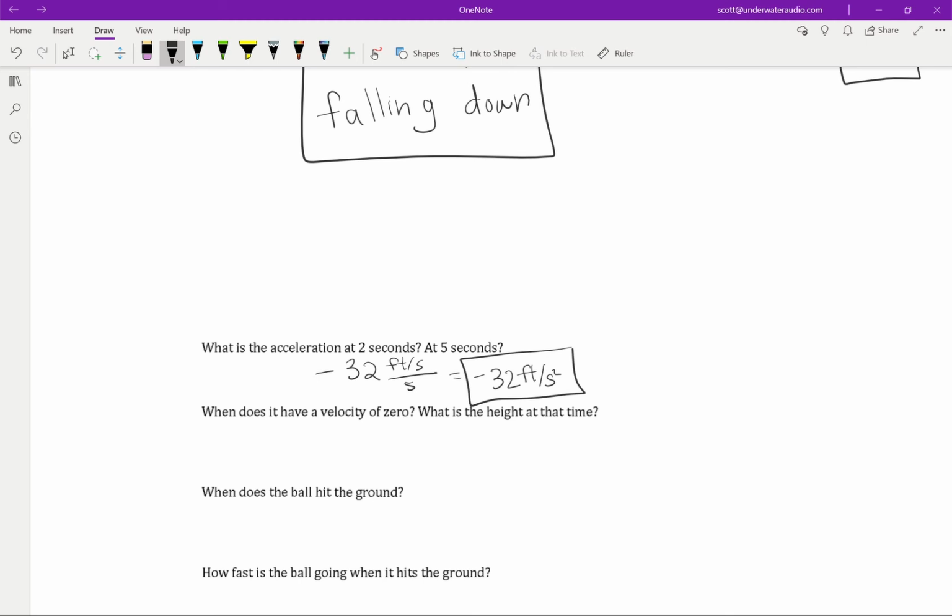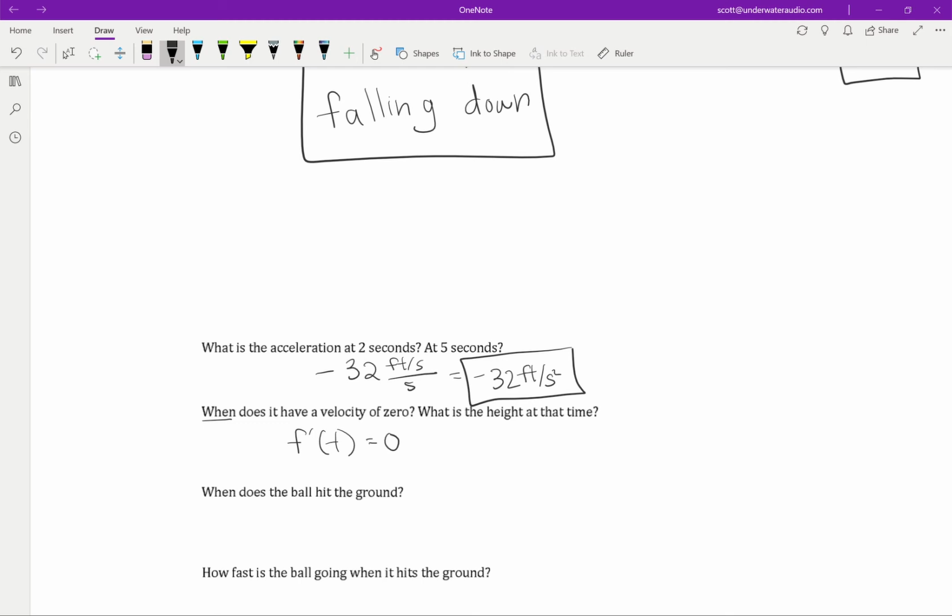When does it have a velocity of 0? So when tells me I want to find what t is, and velocity tells me I want the derivative, so f prime. It says the velocity is 0, so I need f prime of t equals 0.